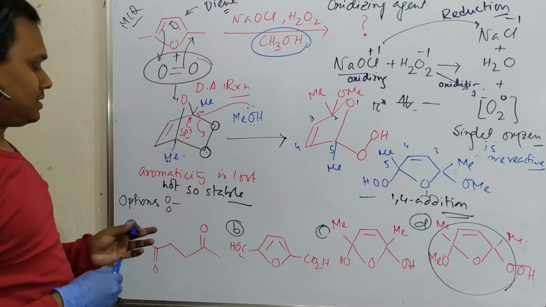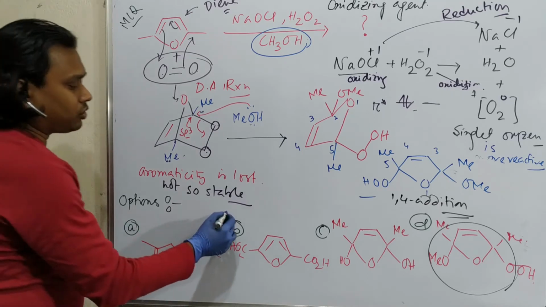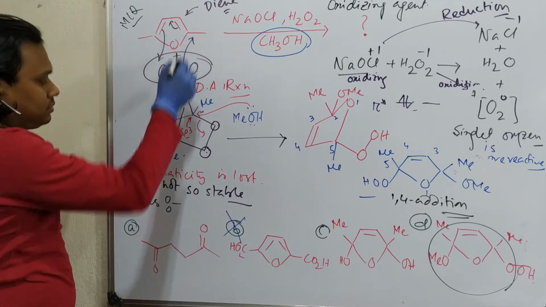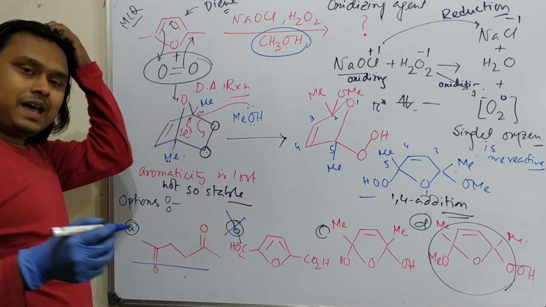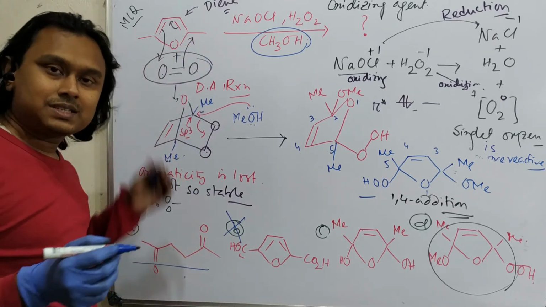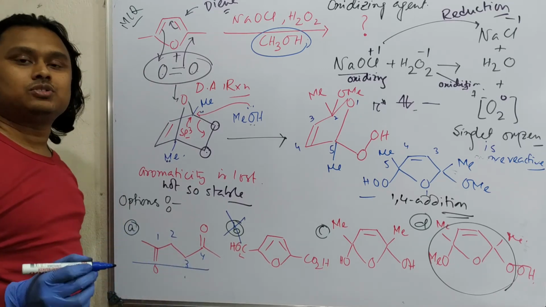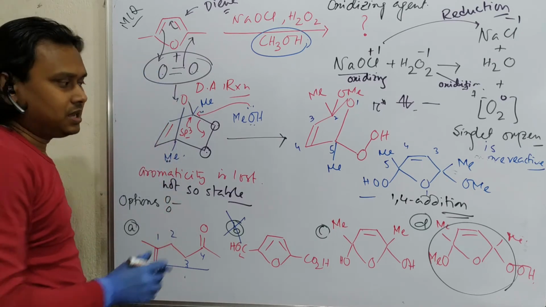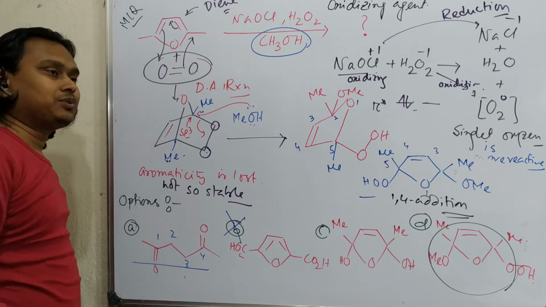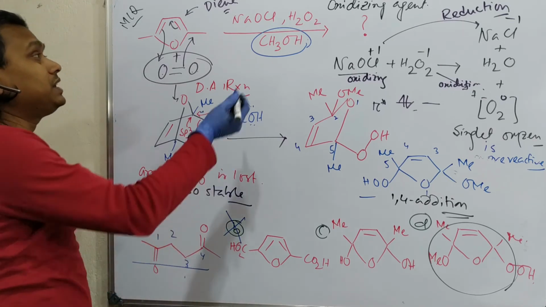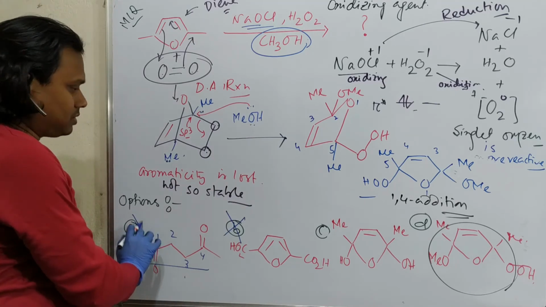So oxidation is not possible. Second, I have written this is the parent compound for preparation of furan. And I have already discussed previously that 1,4-dicarbonyl compounds are the parent synthon for preparation of 5-member heterocycles. From a 5-member heterocycle we can get a 1,4-dicarbonyl, but we need acidic conditions. Have I given any acid? No, nothing is acidic. Neutral, not possible, gone.